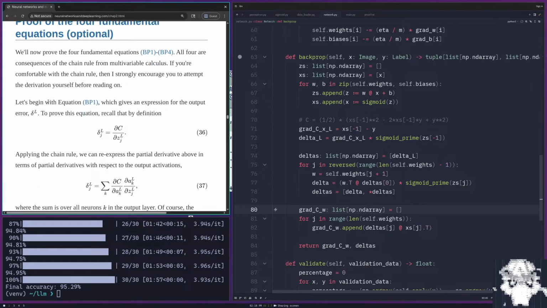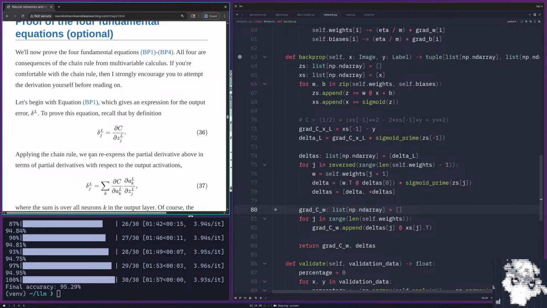Let's begin with equation BP1, which gives an expression for the output error delta of the final layer. To prove this equation, recall that by definition, delta L, this is the definition of delta in the last layer, is just the derivative of the cost function with respect to z of the last layer.